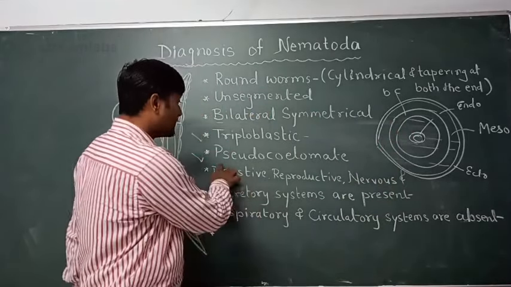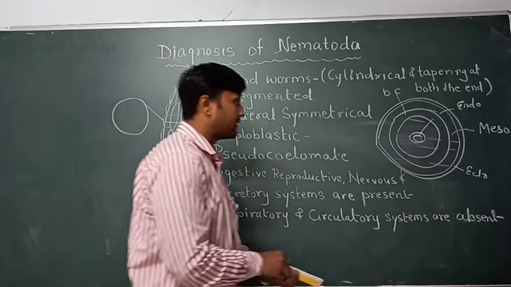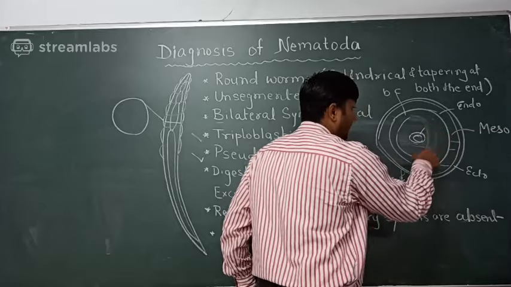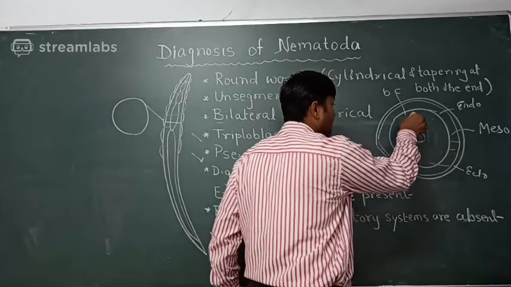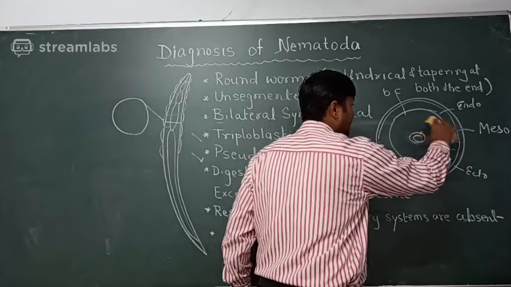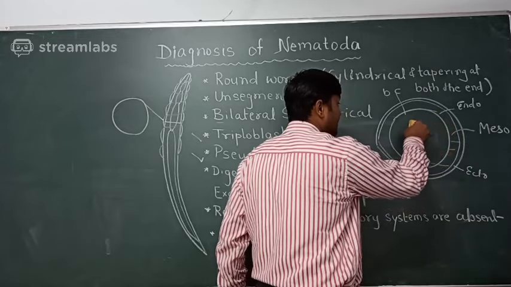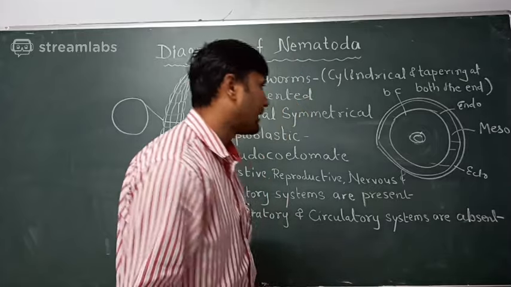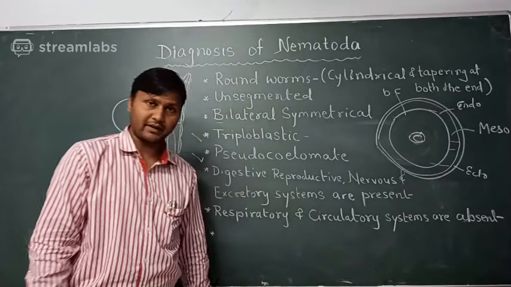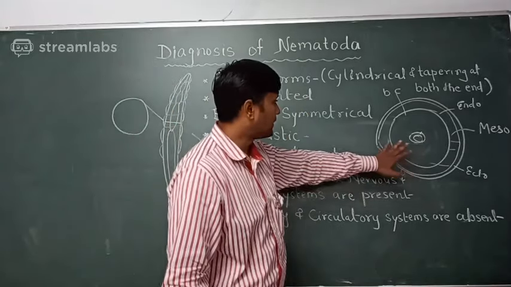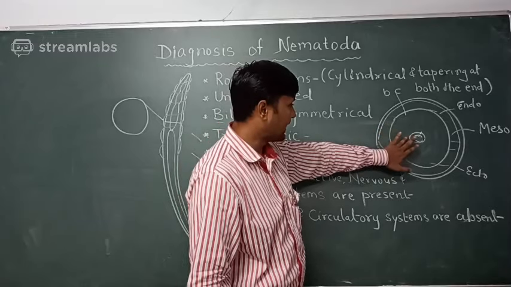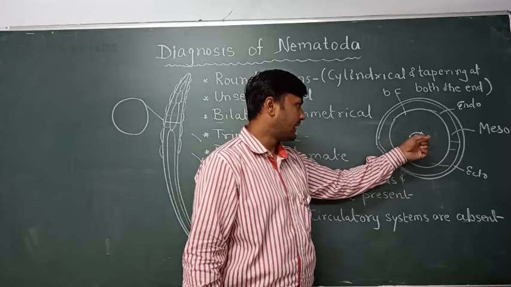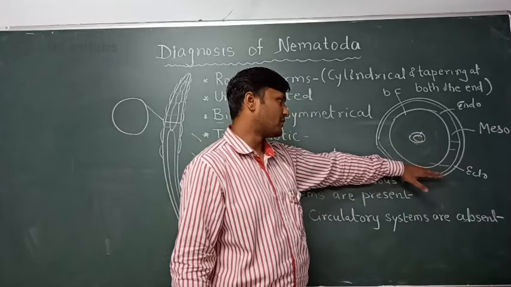But in the case of pseudocoelomate, the body cavity lies between endoderm and mesoderm, meaning mesodermal epithelium cells are absent and do not line the body cavity. So in the pseudocoelomate situation, one side is the endoderm and the other side is the mesoderm.